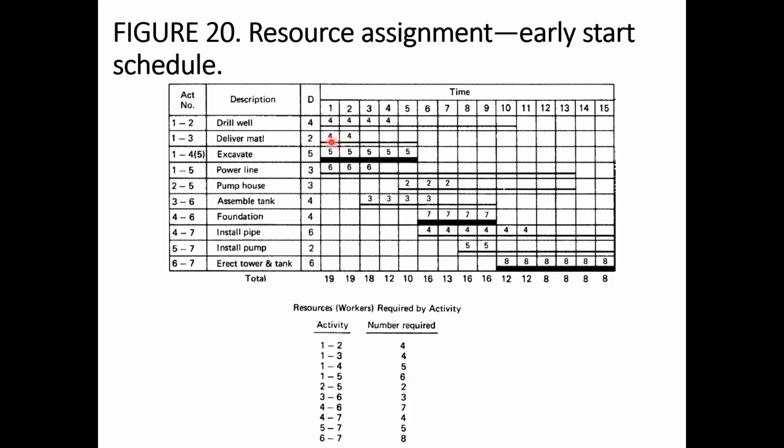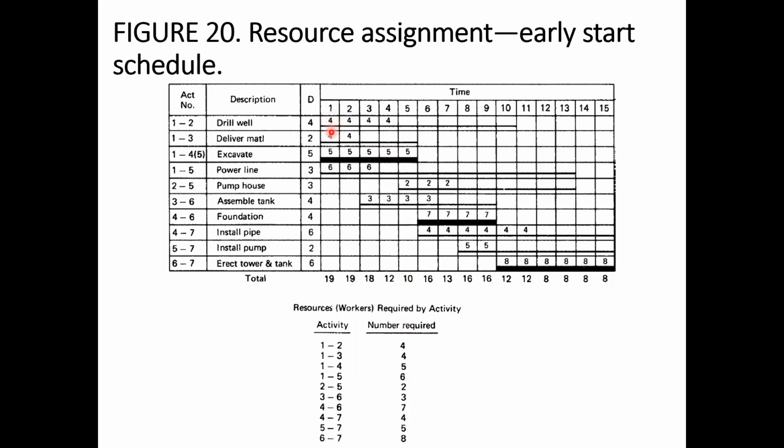On the excavation, we need 5 workers each week. On the power line, we need 6 workers each week, and similarly for other activities. The required number of workers will be calculated or estimated separately. This is one of the inputs to the project schedule.